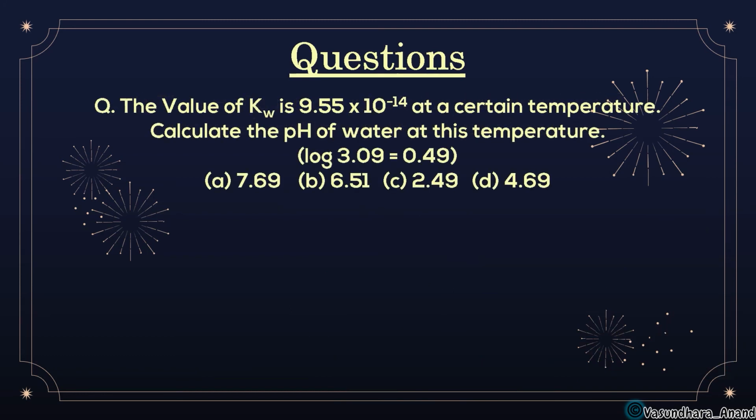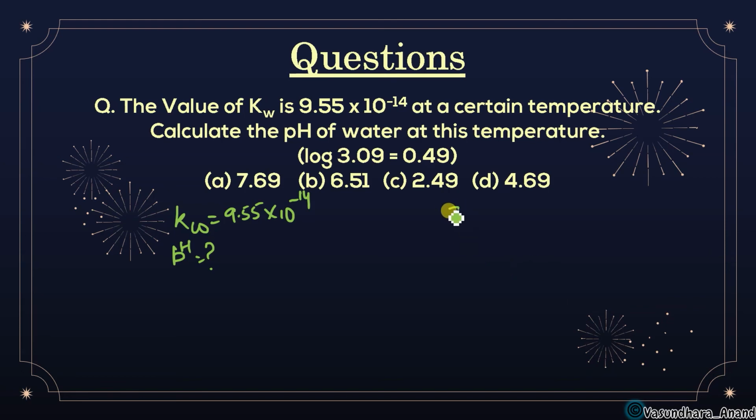The value of Kw is given at a certain temperature. Calculate the pH of water at this temperature. So Kw is given, that is 9.55 into 10 to the power minus 14, and you are supposed to find the pH of the water. So how can we do this?